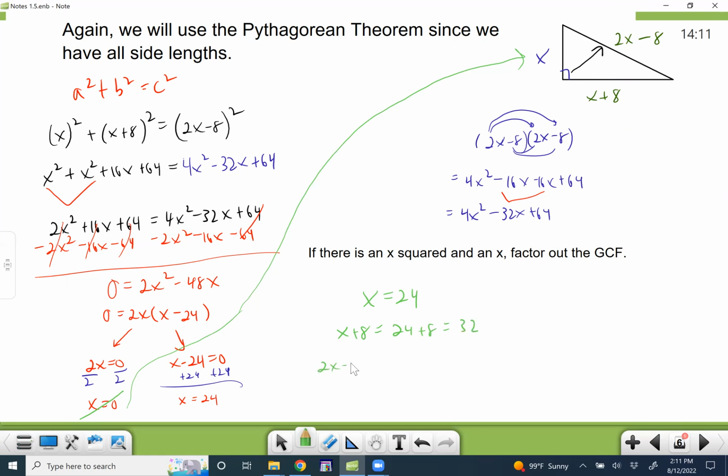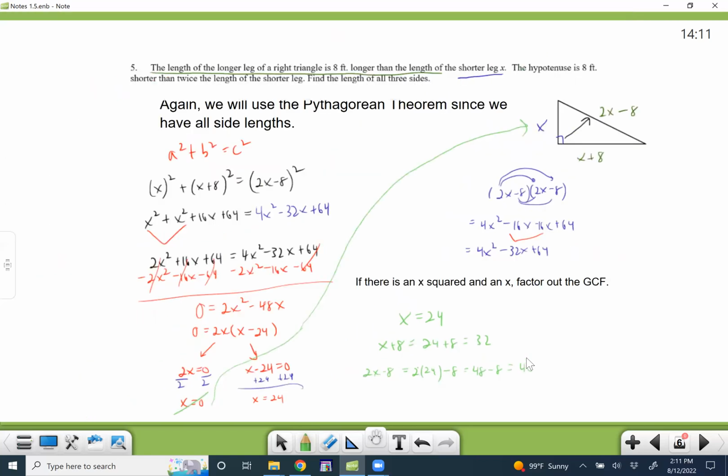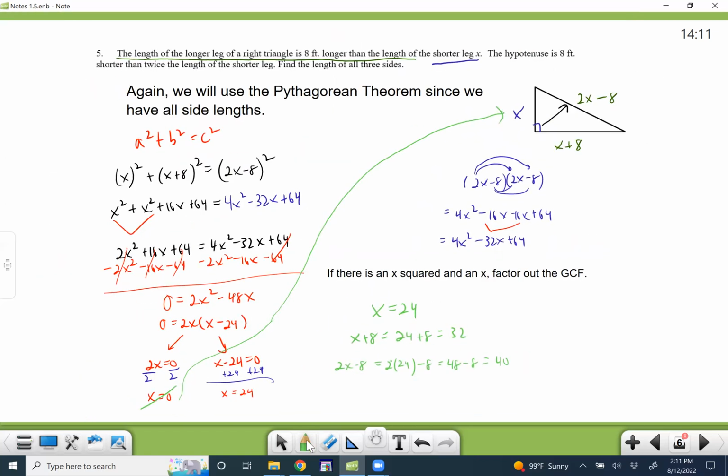And the 2x minus 8, the hypotenuse, let's see here, that's going to be 48, take away 8, so it's going to be 40. And all these are measured in, I'm missing the word problem, feet, you guys. So all of these would get feet, feet, and feet for our answer.